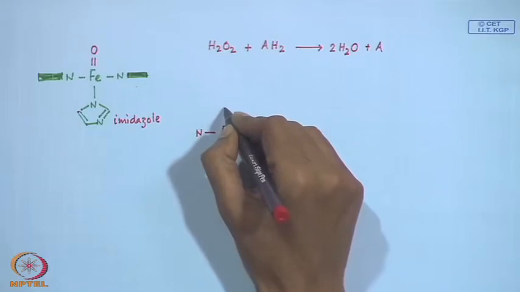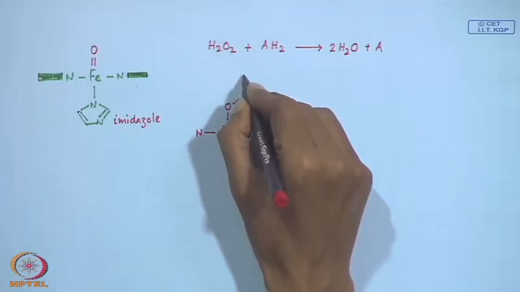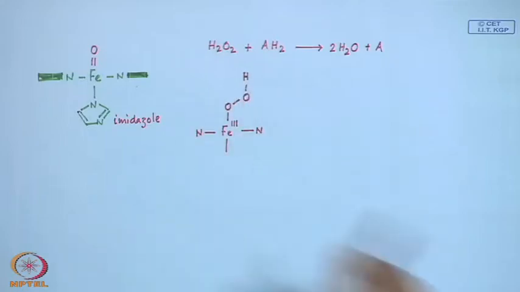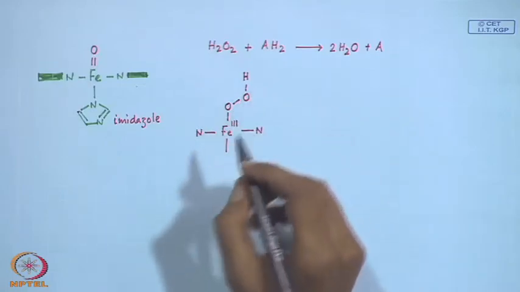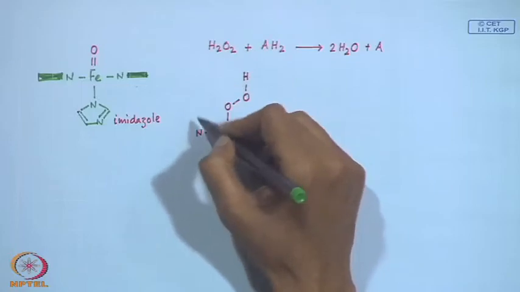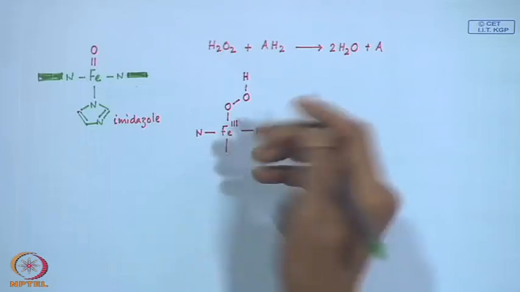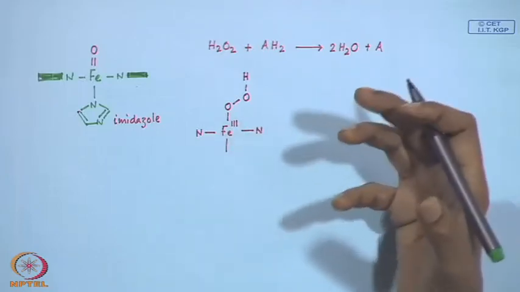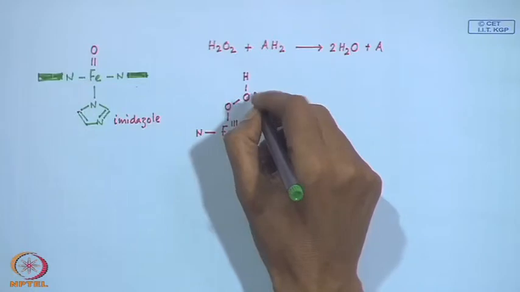When it is reacting with hydroperoxide, that means we have used hydrogen peroxide for the reaction, but following a deprotonation it can go for binding with OOH, because this is looking for a charged coordination and iron is in the +3 oxidation state. When we talk about the +2 oxidation state, we can handle the dioxygen molecule which is a neutral one, but when it is a charged one we have to bind it in this particular type of arrangement.